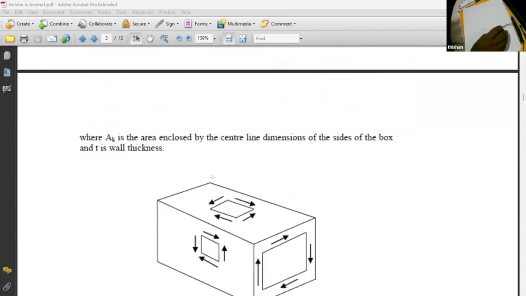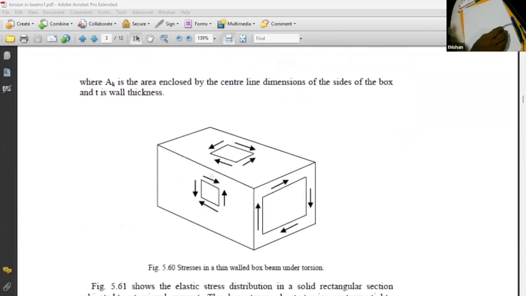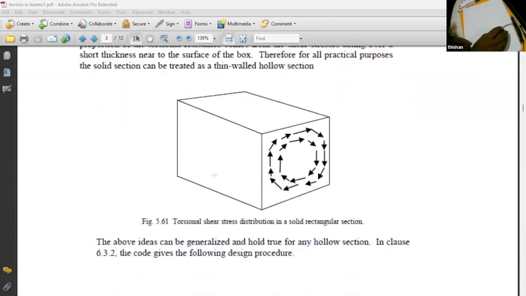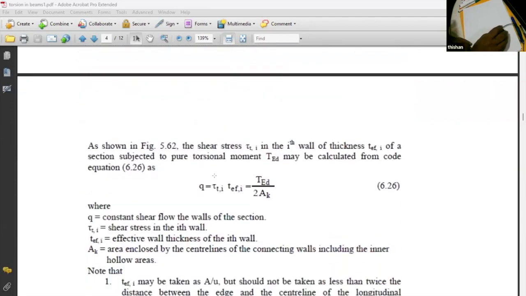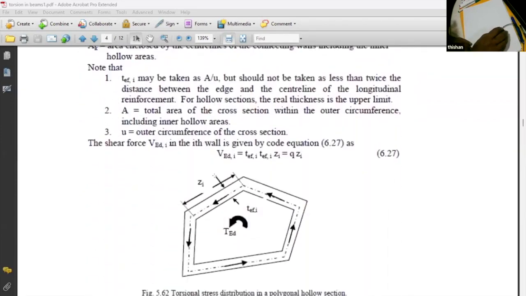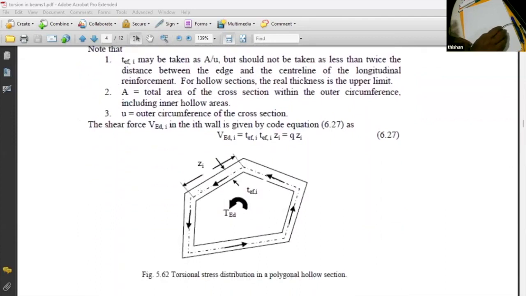And I'm going to refer to a diagram like this. This is how the torsional shear flows. You can see the torsional moment is T_Ed, and the area surrounded by this particular center line is A_k.